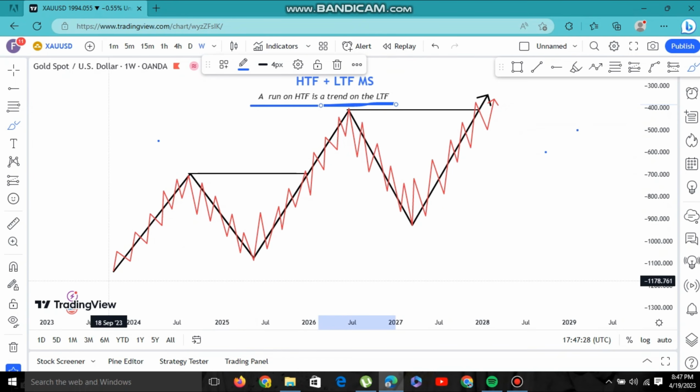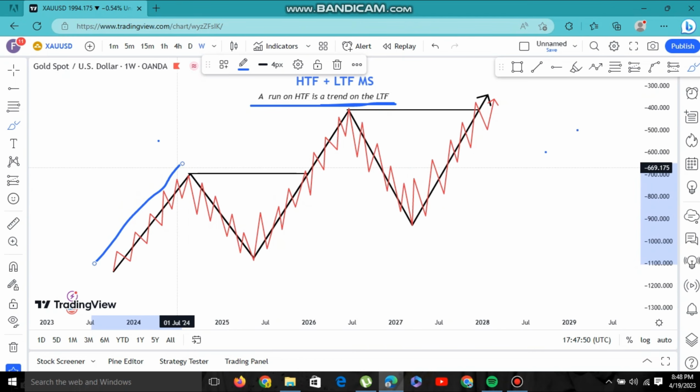So considering this black line to be our higher time frame and the red line to be our lower time frame, in most cases I use H4 as my higher time frame and M15 as my lower time frame. Looking at this example here, if we consider this rule of thumb, then we should be considering this run.